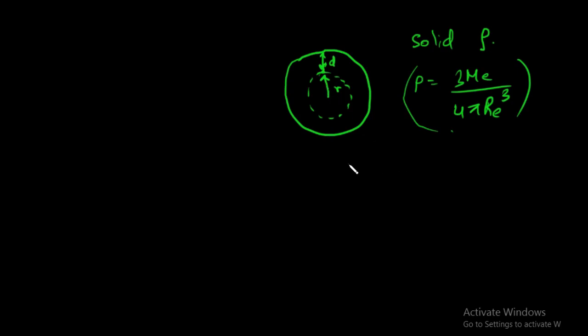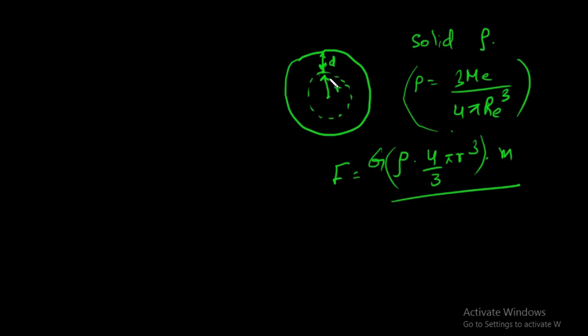So the effective gravitational force F would be equal to rho times the volume, 4 by 3 pi r cube, times the mass m, by r square, times G. This is the effective mass, rho times 4 by 3 pi small r cube. This is a small r because this is the effective mass which is applying force on the particle.